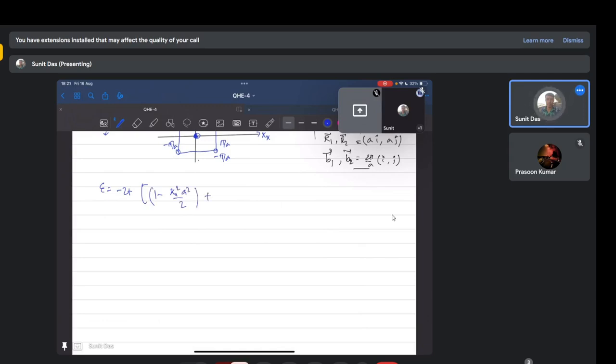Similarly for ky, 1 minus ky squared a squared by 2, and this will give me minus 4t plus t a squared (kx squared plus ky squared). So in the k tends to 0 limit, you simply ignore the constant part, and this part is again parabolic, or the free electron type.